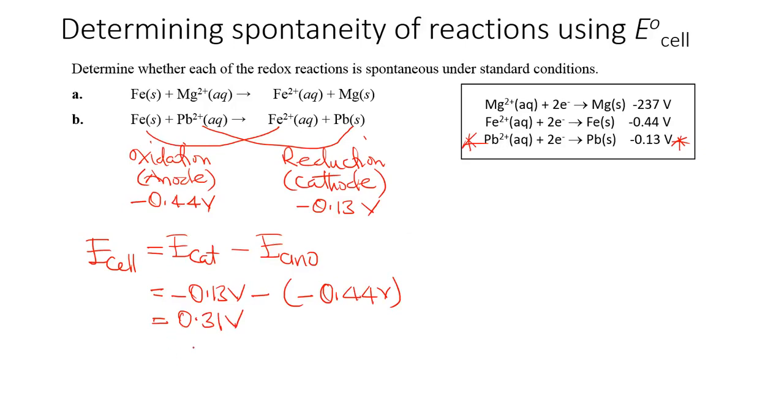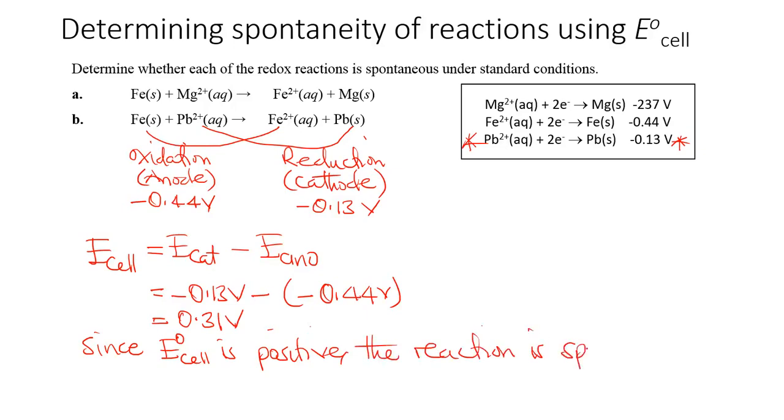So in the end, you will say that since E naught cell is positive, the reaction is spontaneous. So that's how we check the spontaneity of this reaction. E cell must be positive.